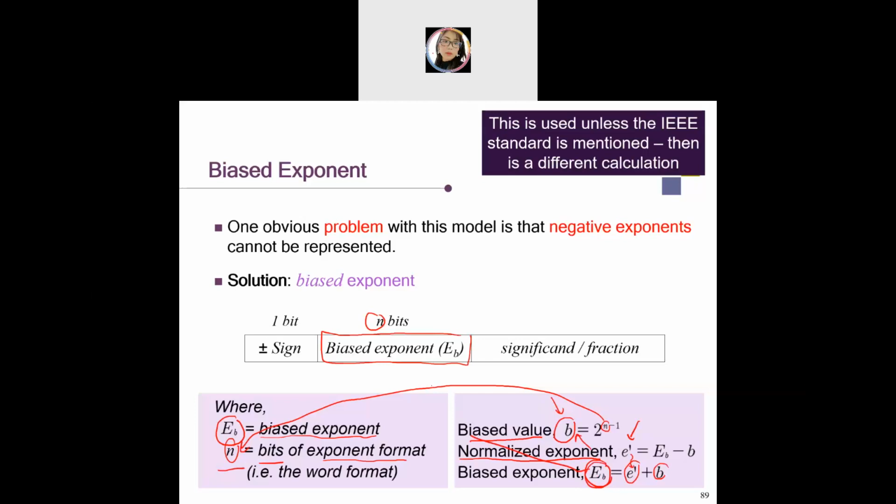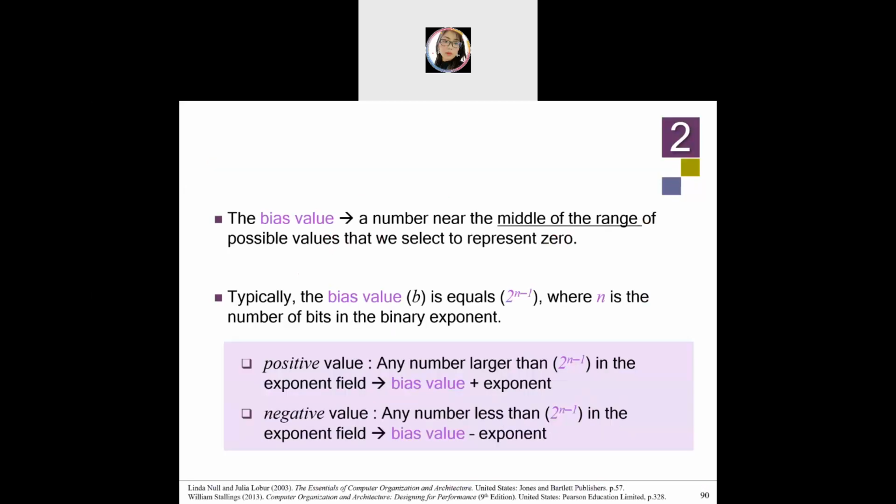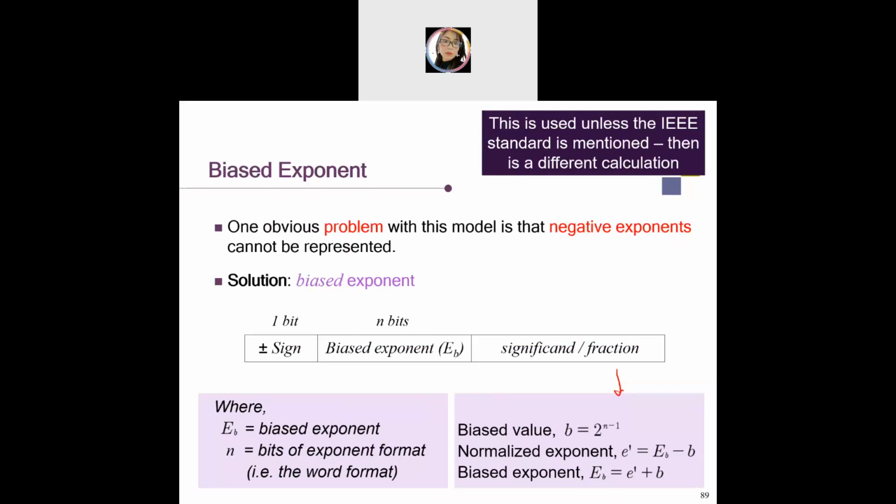So there are several steps, and it depends on the question also. Sometimes it gives the B directly, sometimes it gives an N. E prime is normally given, so you need to find the value of EB. That's why at the beginning, when you are moving forward, you need to know and remember the equation. Okay, let's take a look at what we have next.